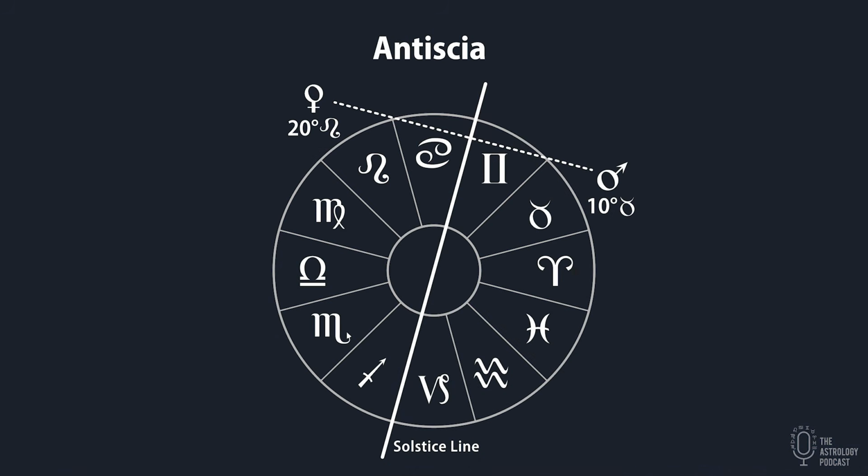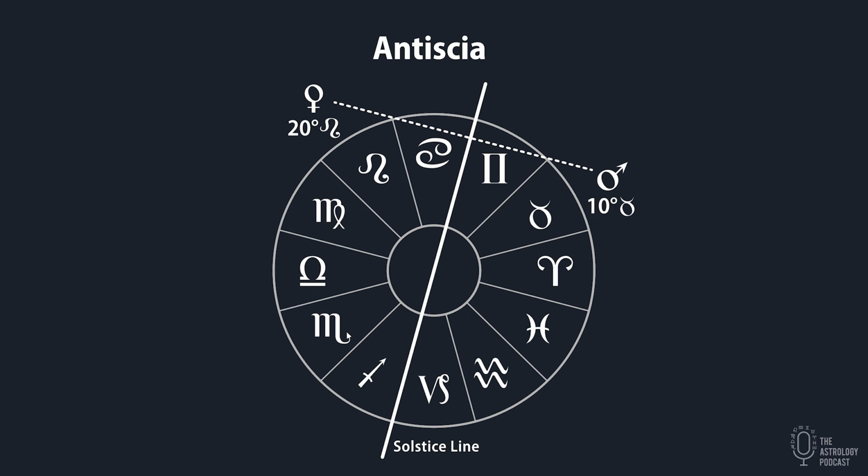To some extent, some of these were a little bit inspired by earlier concepts where, for example, Ptolemy explicitly defines sign-based relationships by their equal distances from the solstices or the equinoxes. And this is the idea of antiscia and contra-antiscia. Antiscia is focused on, let's say, the summer solstice, which is around 0 degrees of Cancer in the tropical zodiac.